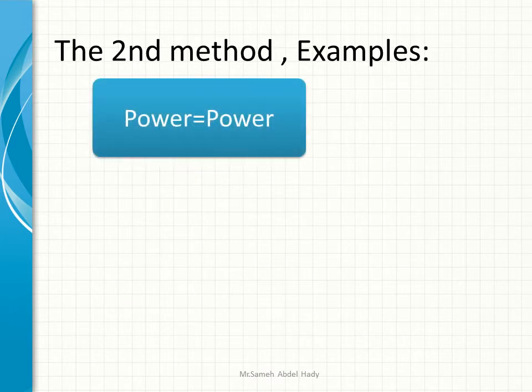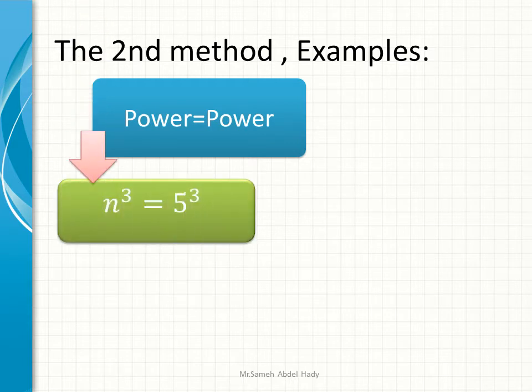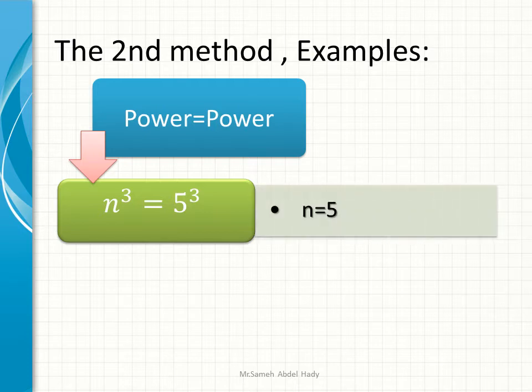Let us see how in some examples. If power equals power, like n power 3 equals 5 power 3, here we see power equals power, and the power is odd. So I write n equals 5, base equals base, because I have power equals power and the power is odd.